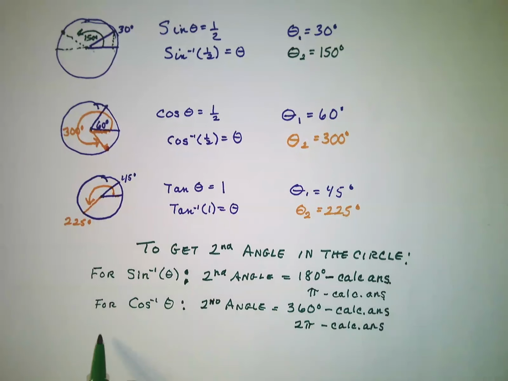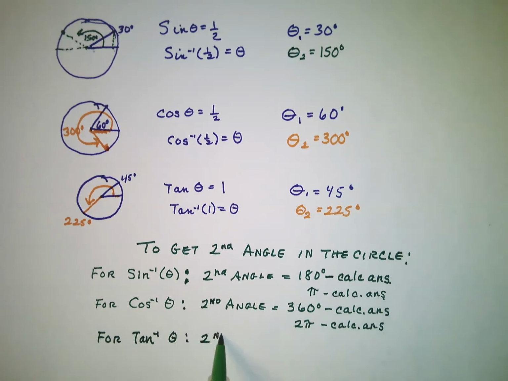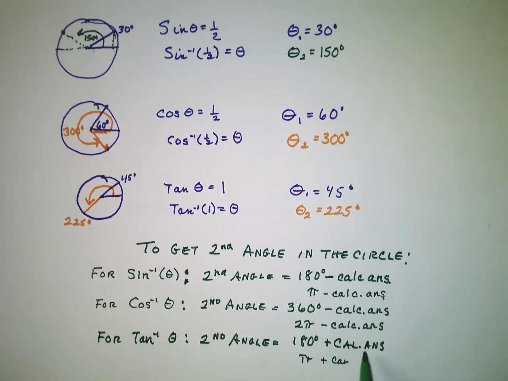And finally, for inverse tangent, we're going to get the second angle by taking 180 degrees plus whatever the calculator answer is, or pi plus the calculator answer. More stuff to remember.